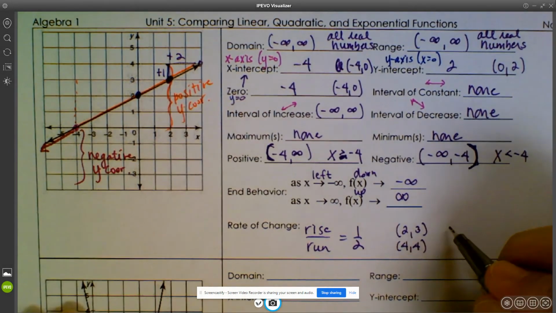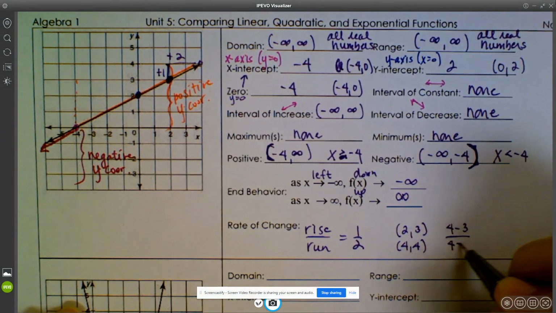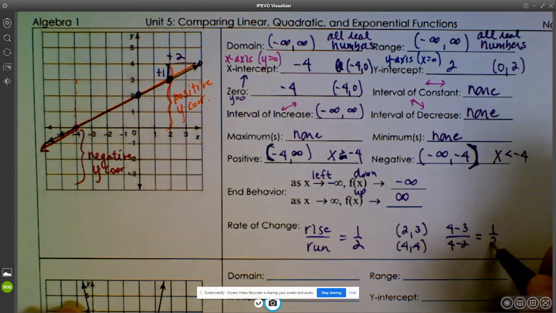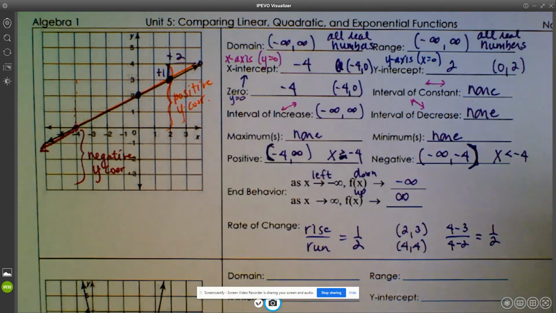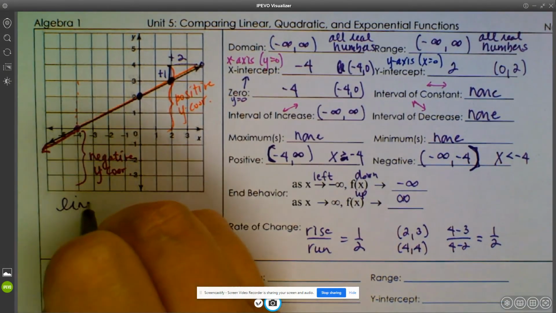So the slope formula tells me to take 4 minus 3 divided by 4 minus 2, which is 1/2. And yes, I should get the same answer on both. Different method, same answer. And so we know this is a linear graph.